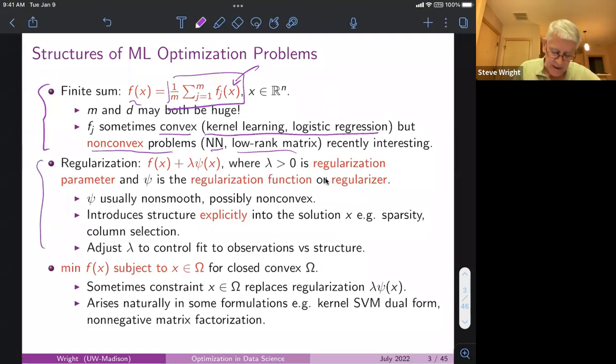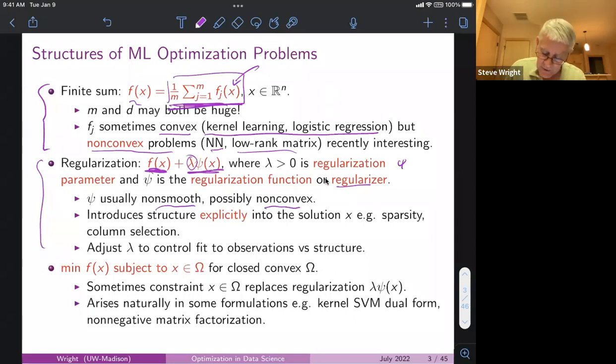The second one is where you take an objective, and it often is this kind of finite sum objective, but you add on what's called a regularization term times some parameter, some positive scalar lambda. Now this function psi is typically non-smooth, and often it's also non-convex.